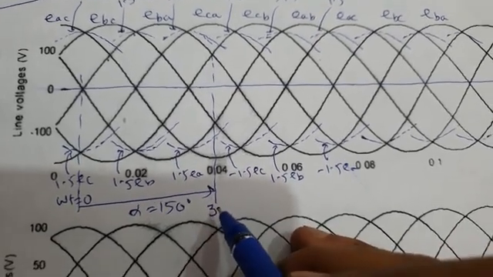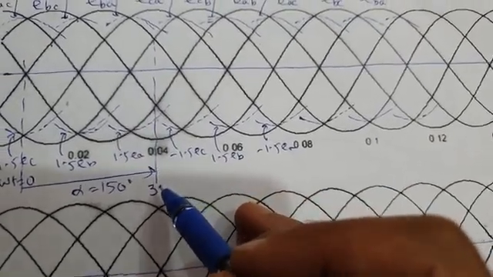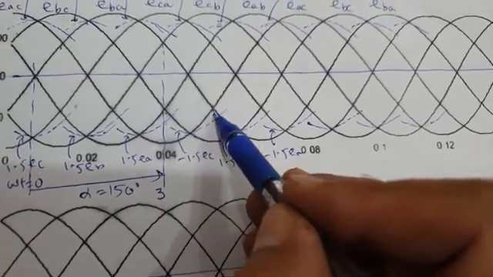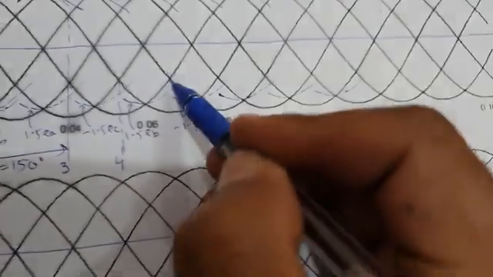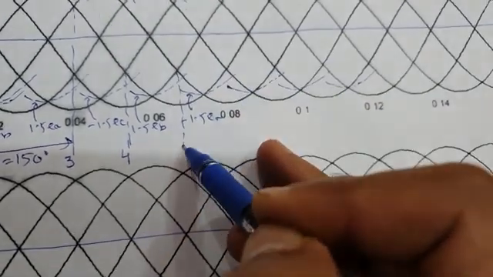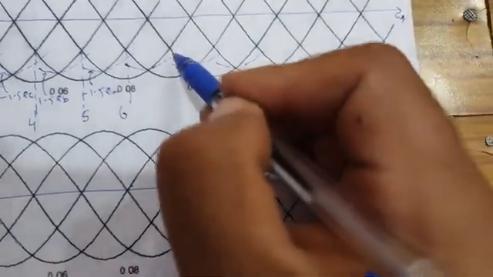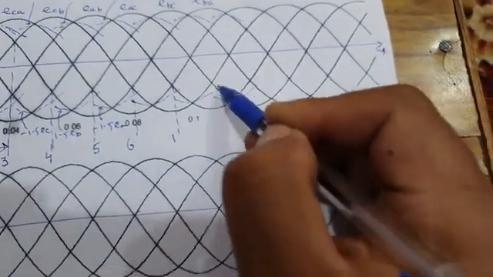Valve 3's firing will be followed sequentially by valve 4 after 60 degrees. So from here to here is 60 degrees. So if valve 3 was fired here, here valve 4 will be fired. Then here valve 5 will be fired. Then here valve 6. Then valve 1.